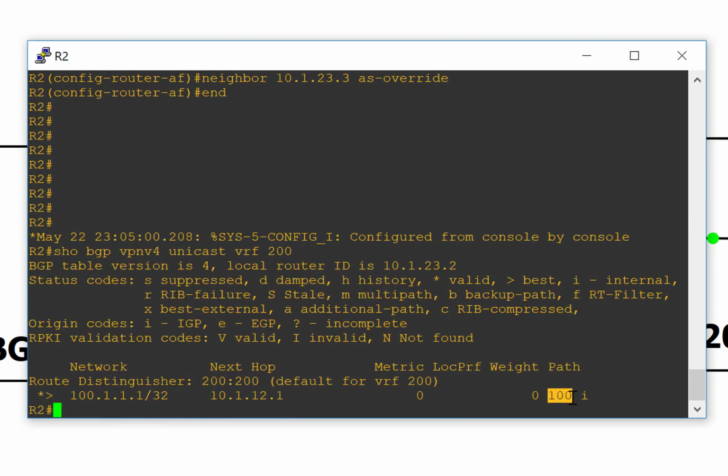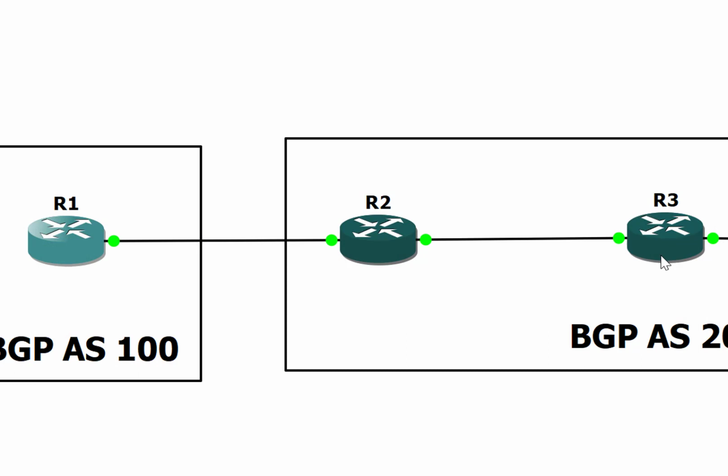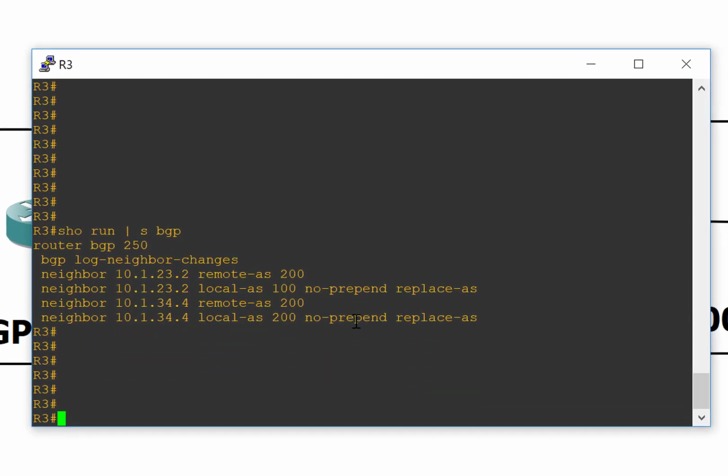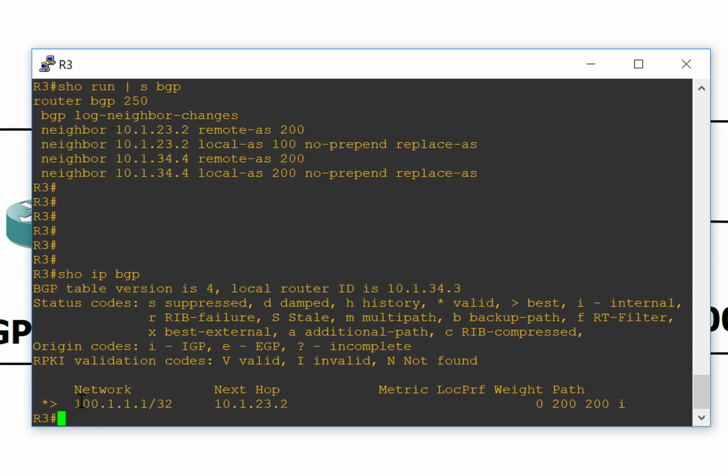And we see in our AS path, it's a BGP and it has AS 100 in it. Now let's go over to router 3. We're not running any VRFs here, show IP BGP. And we can see now that this prefix has come from AS 200 and we've overwritten the originating prefix of 100.